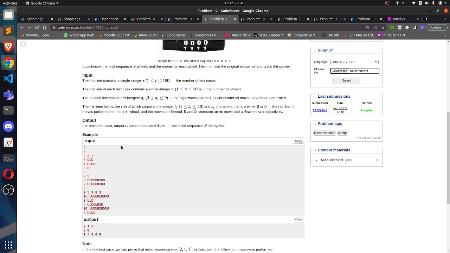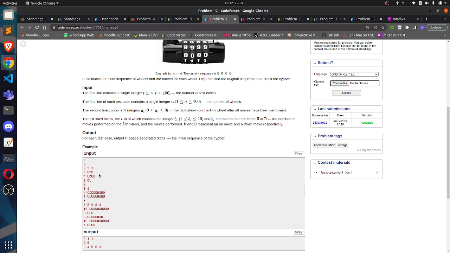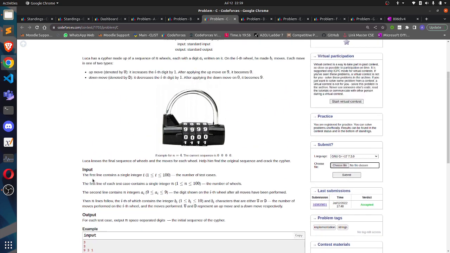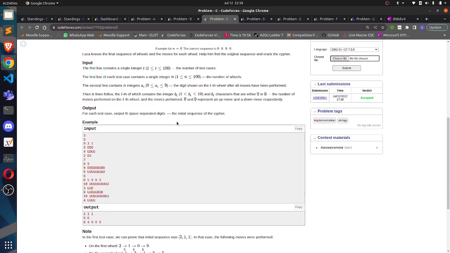We are given n changes, the changes which have been made to each of the digits of the lock. A string of k characters is present, which tells us what changes were made to the digit of the lock. U means the ith digit is increased by 1, and D means it has been decreased by 1, and we are given the final digits.